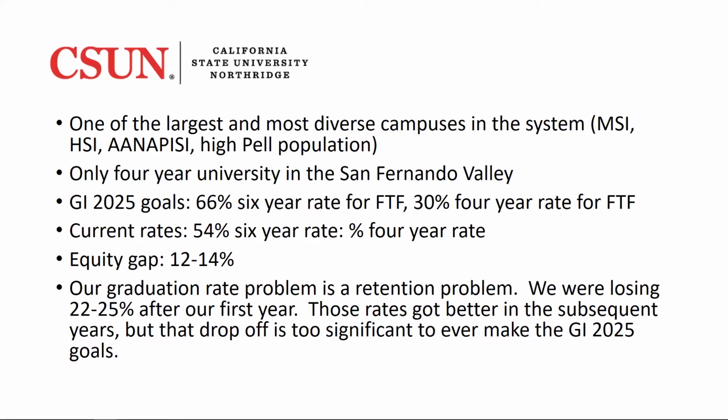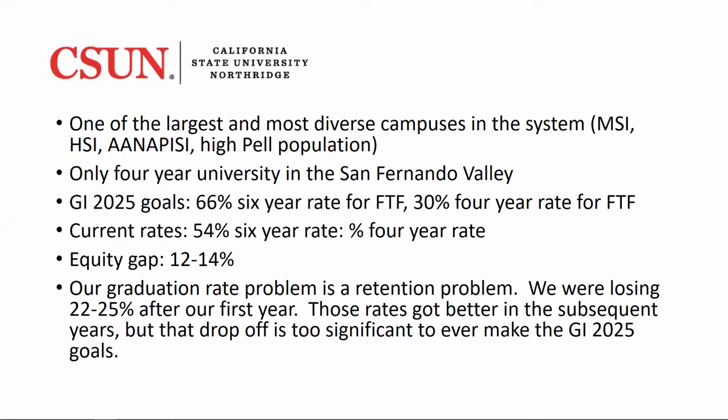We have a large population of traditionally underserved, Pell eligible, first generation students, and we have a major problem with our equity gap. In fact, the chancellor has made it very clear that if we don't fix our equity gap problem, the whole system will fail. So there's no pressure on us at all.